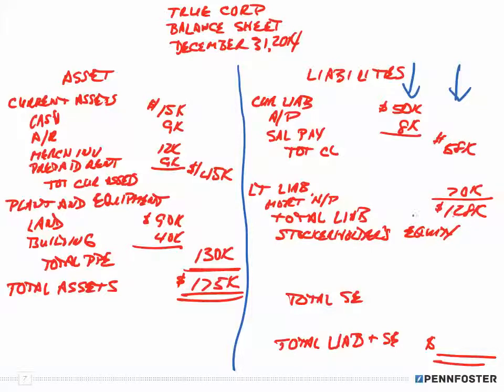Now I don't underline that because remember, we're going to take our total liability and add it to our stockholders' equity. Okay, so I don't put an underline underneath that because that's not where the calculation is being made. The calculation will be made underneath the stockholders' equity. So I don't put an underline there.